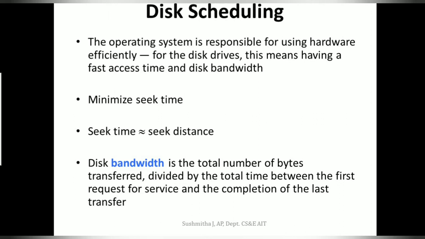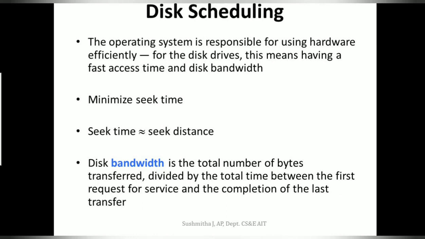Whenever a process needs IO to or from the disk, it issues a system call to the operating system. The request specifies several pieces of information: whether the operation is an input or an output operation, what the disk address for the transfer is, what the memory address for the transfer is, and the number of sectors to be transferred.